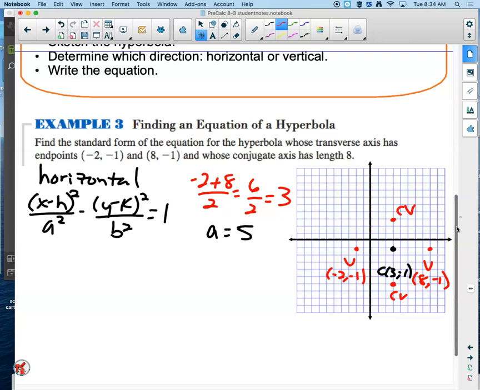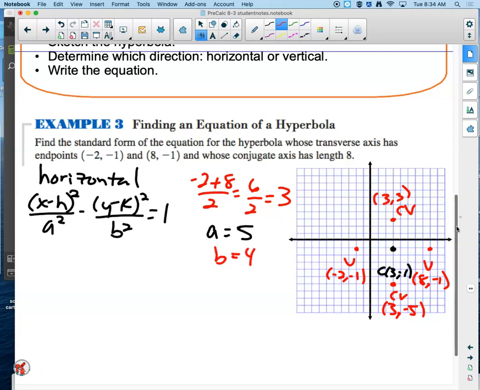I mean, I still am at x equals 3. I just have to figure out, if you go up and down 4, where you're going to be. So -1 minus 4 takes me down to (3, -5). And -1 plus 4, (3, 3). But really all I needed to know was b is going to be 4.